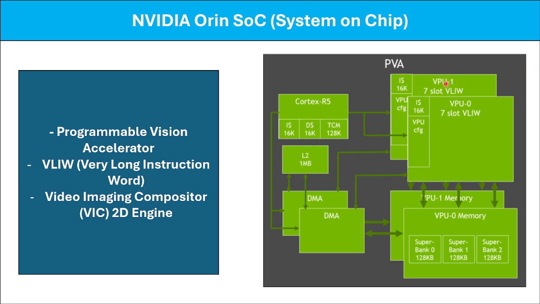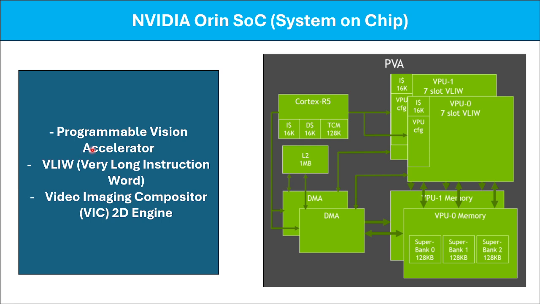We also have a VPU here, two of them, and another block, this is VPU memory, and different kinds of transmission of the data in a circle between these parts of the PVA system, which is the Programmable Vision Accelerator.